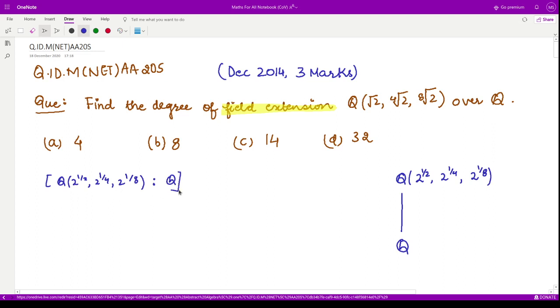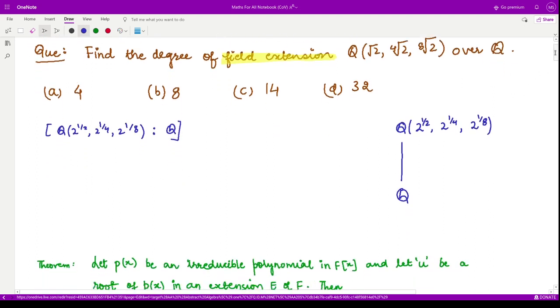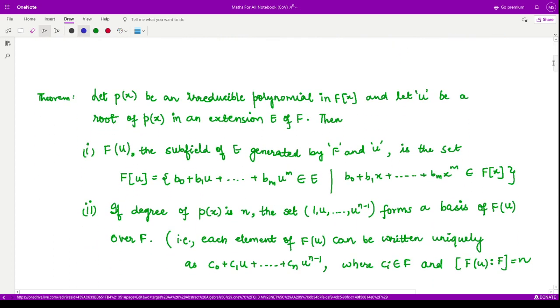For that we need a result which is stated here, and I have discussed the same result in lecture number 25 of the field theory series. They are saying if you adjoin any element, say u, to some field F, then for that particular u we'll have an irreducible polynomial in the lower field, that is in F[x].